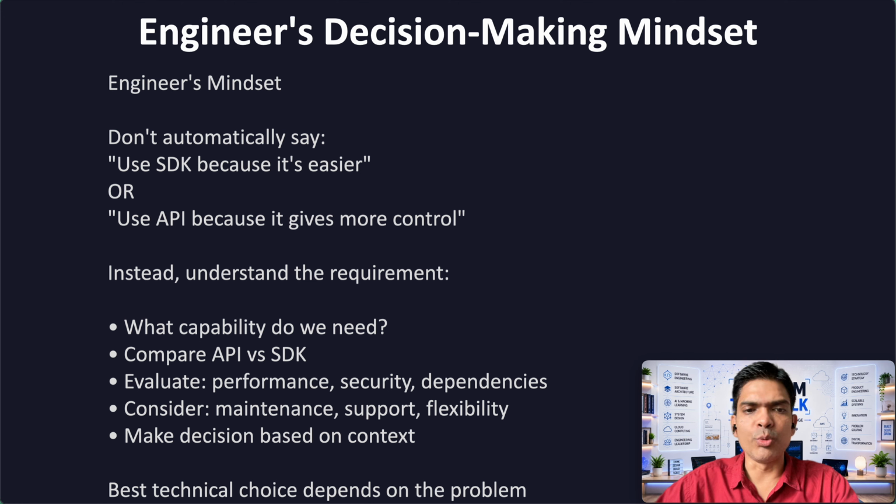What capability do we need? Then compare the API and SDK. Look at things like performance, security, dependencies, maintenance, support, and flexibility. And then make the decision based on the context. The best technical choice depends on the problem we are solving.